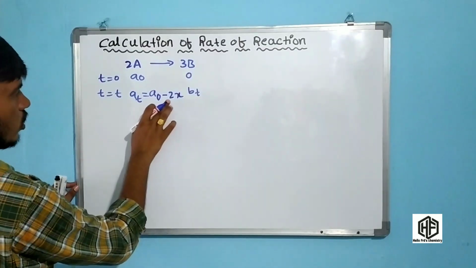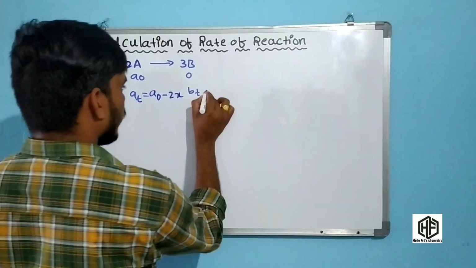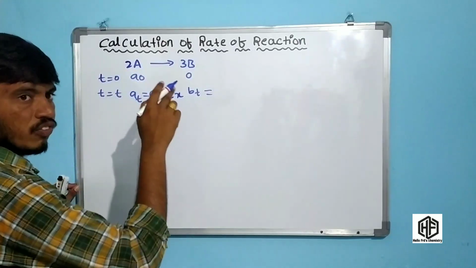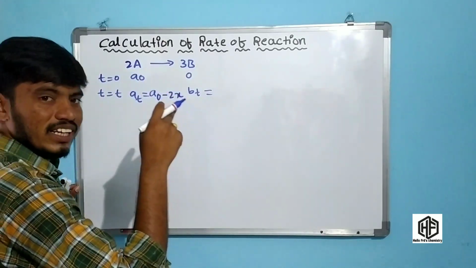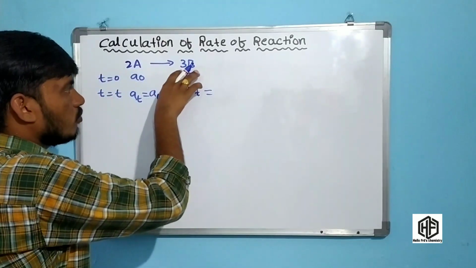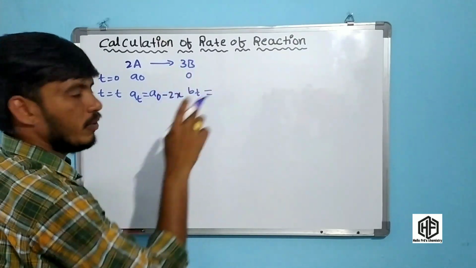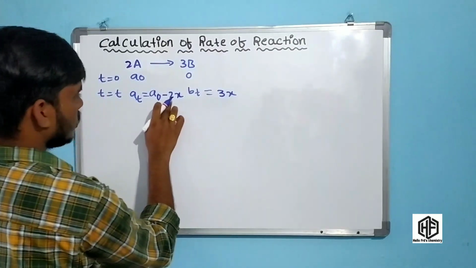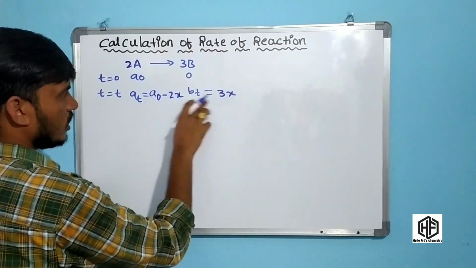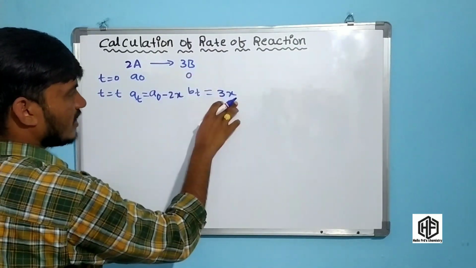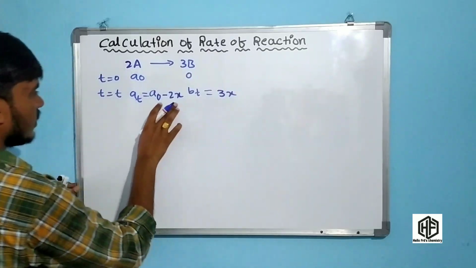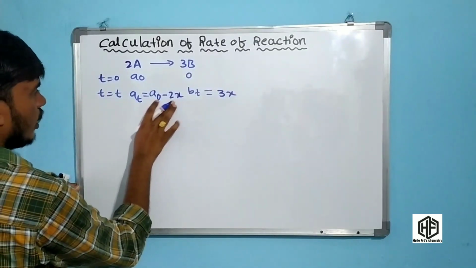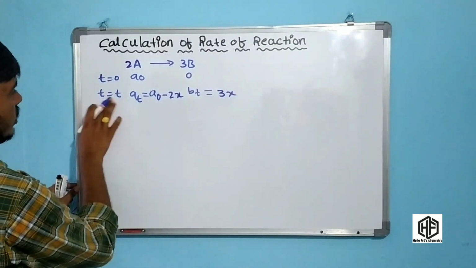At is equal to A naught minus 2x, and for Bt, 2 moles of A disappear to form 3 moles of B, so Bt is equal to 3x. It means 2x moles disappear to form 3x moles. This is 3x and this is A naught minus 2x at T equal to T time.